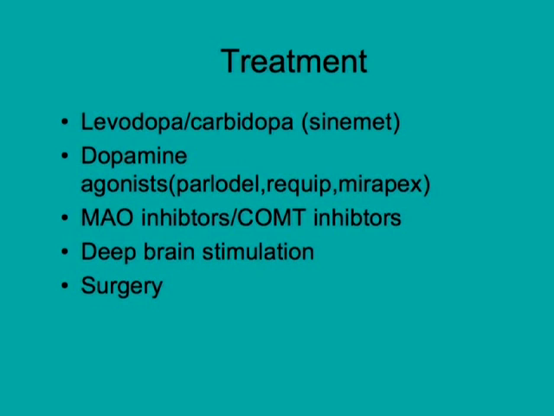Other kinds of medications are dopamine agonists. That means there are brain cells which are producing dopamine, but they are not enough. That's why there's a deficiency. So what these medicines do is they go into the brain and they stimulate those brain cells to produce more dopamine. So sometimes we use a combination of Sinemet and these kinds of medications to have a dual effect on the brain.